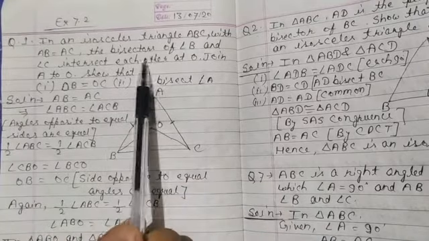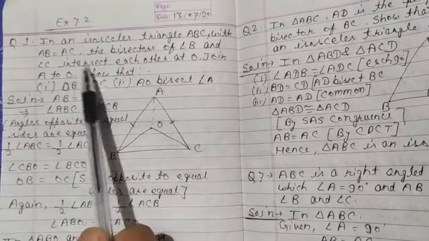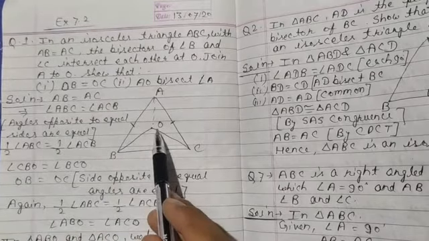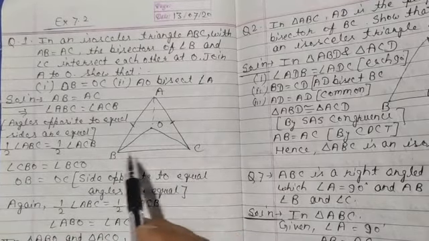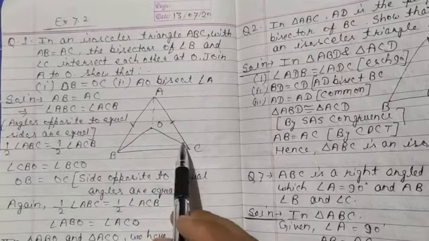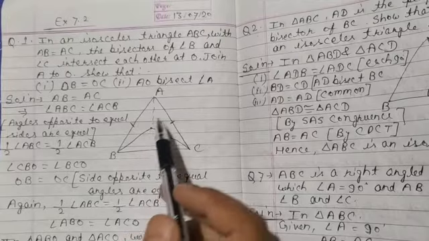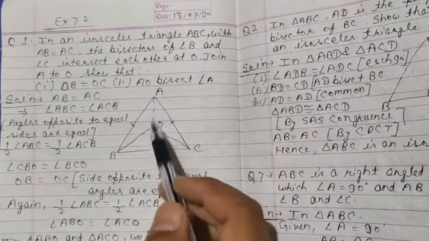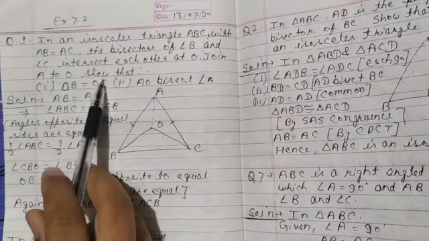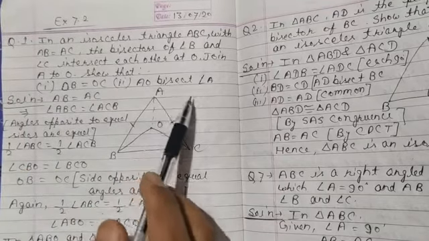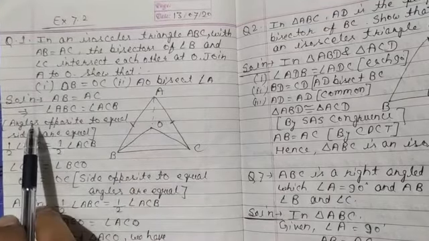The bisectors of angle B and angle C, OB and OC, intersect each other at O. Join A to O. We show that (a) OB is equal to OC, and (b) AO bisects angle A.